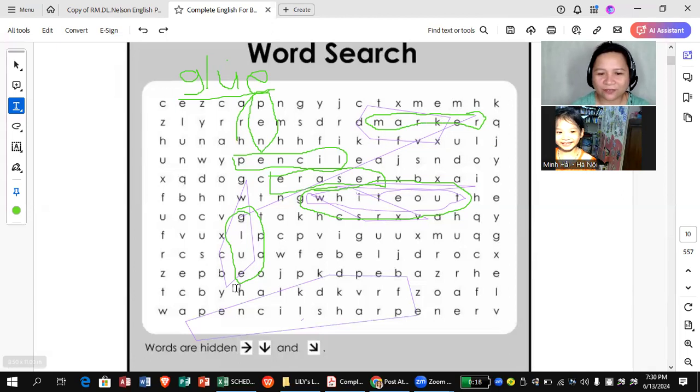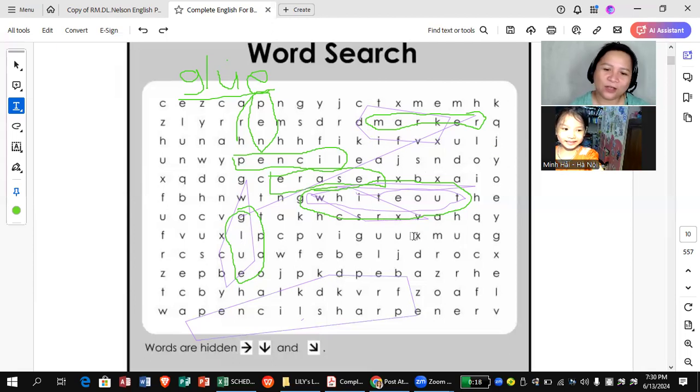Okay, so I only found two. And you found one, two, three, four. Isn't it? Wow, you win. Very good. You are better than me at finding the words.